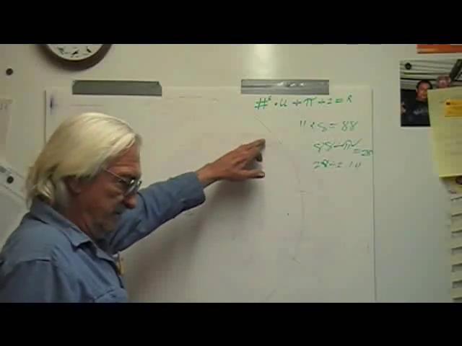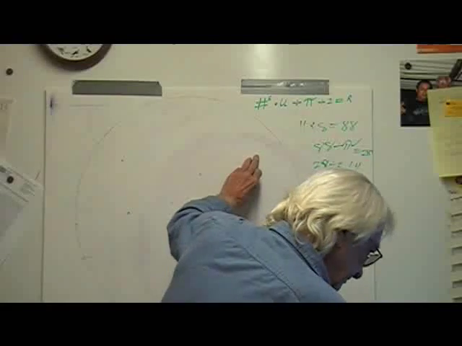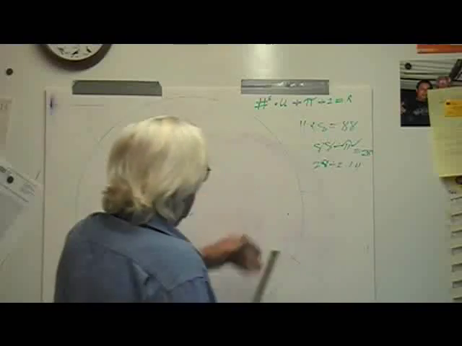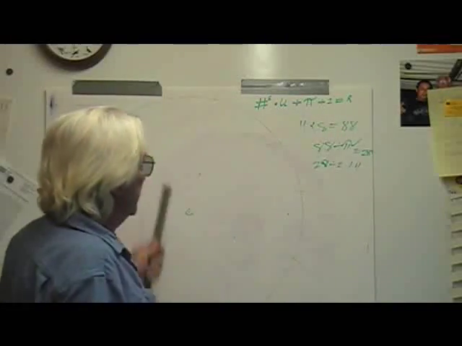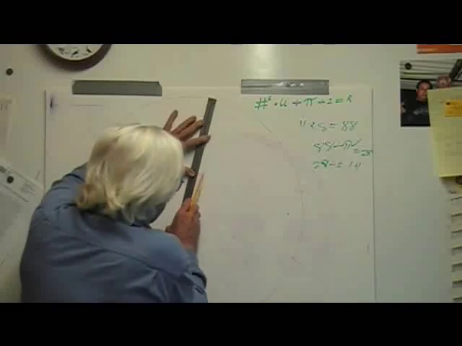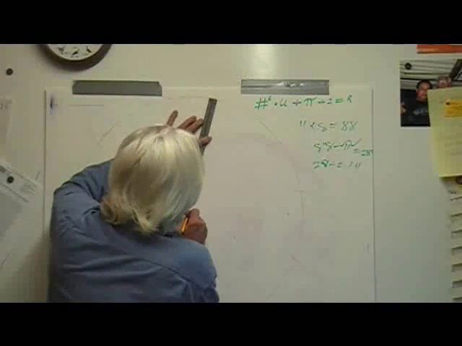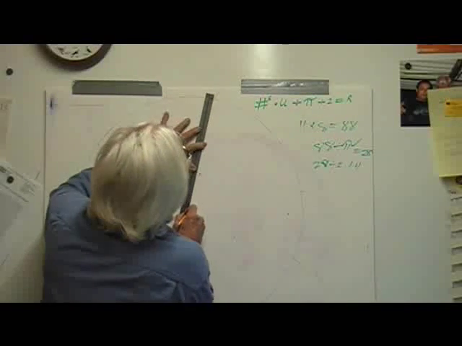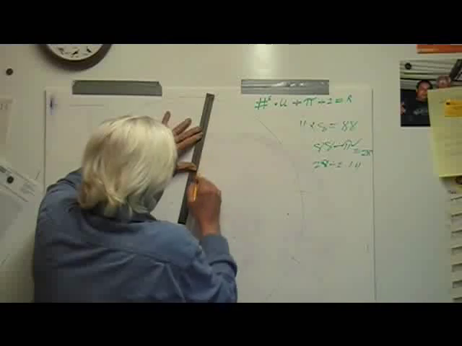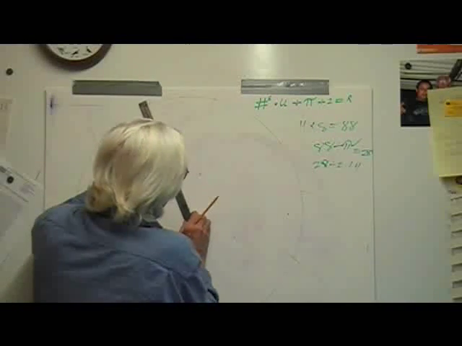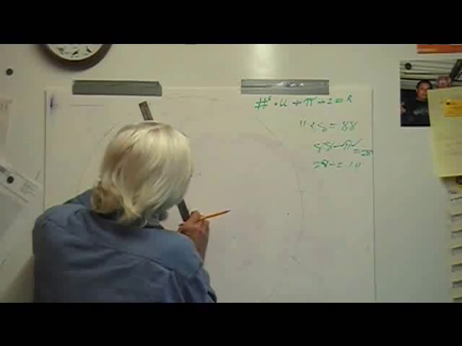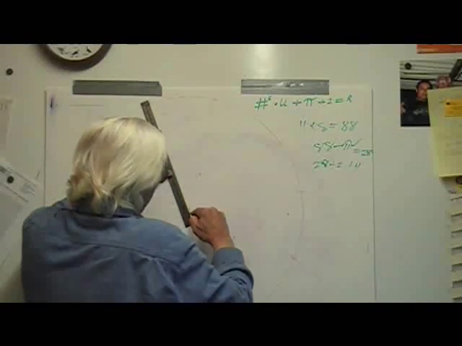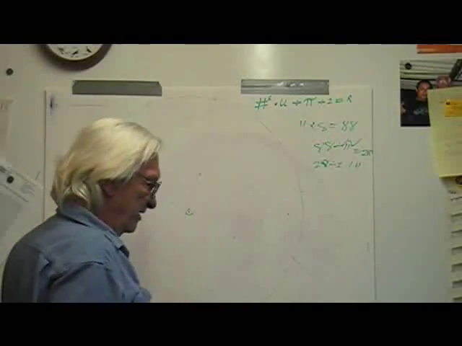Once you divide this circle into 11 equal parts, all you have to do is connect all of those lines like so, all the way around.